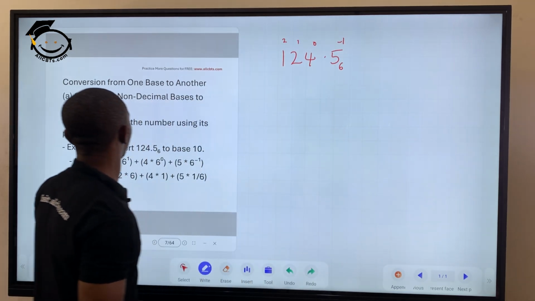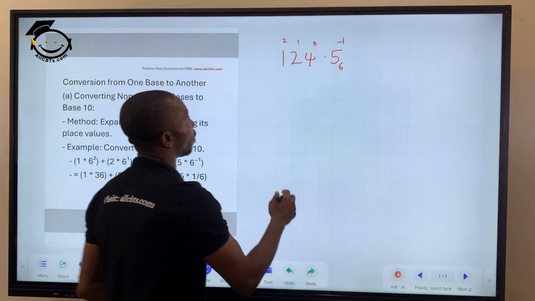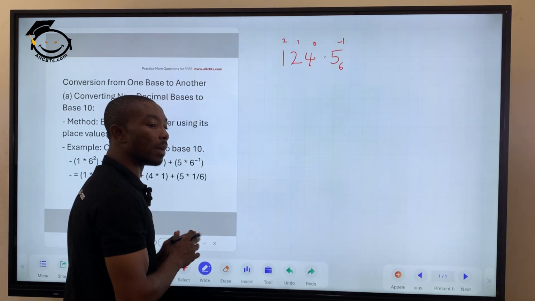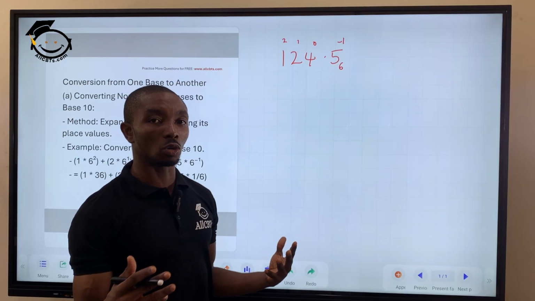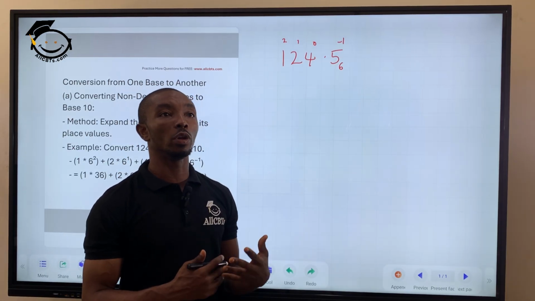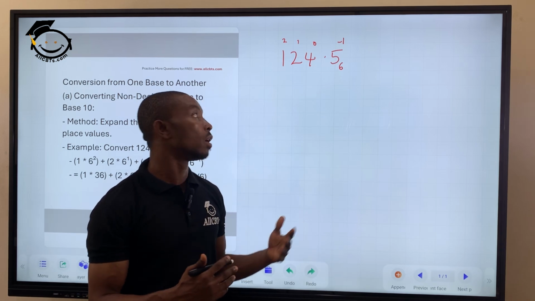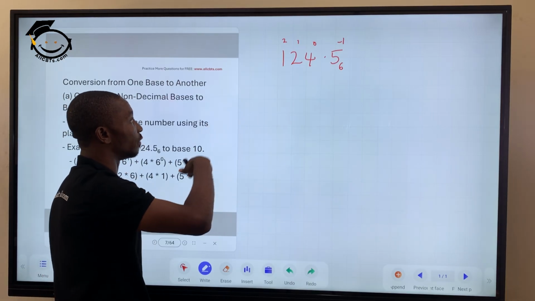Remember, this is the expansion method, converting to base 10. From base 6 to base 10, or from any other base to base 10, we use the expansion method. And from base 10 to any other base, we use the division method.